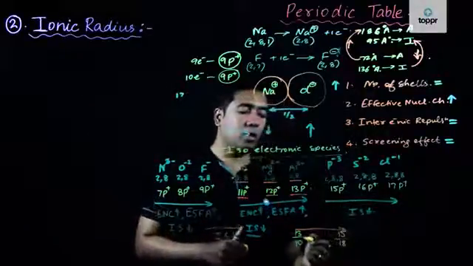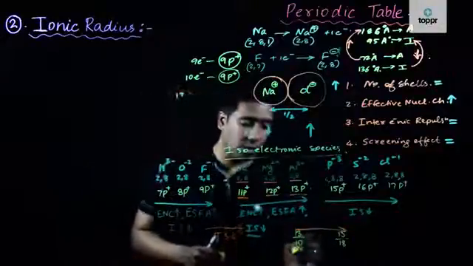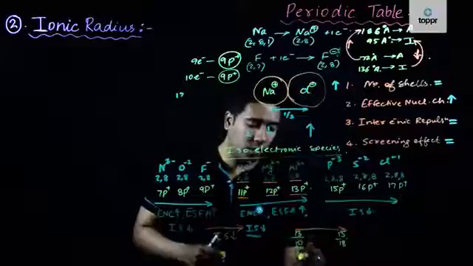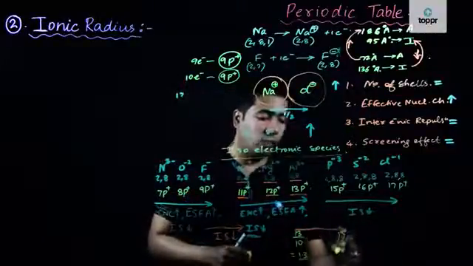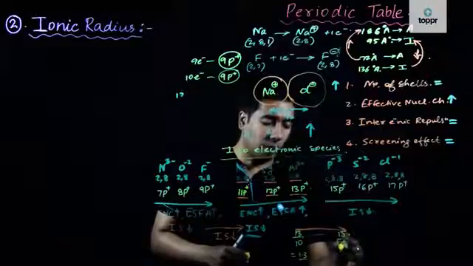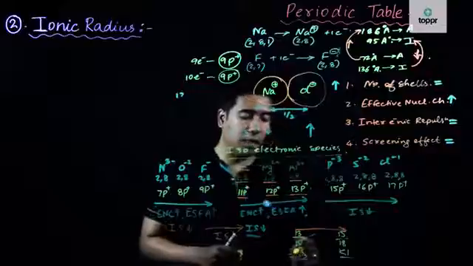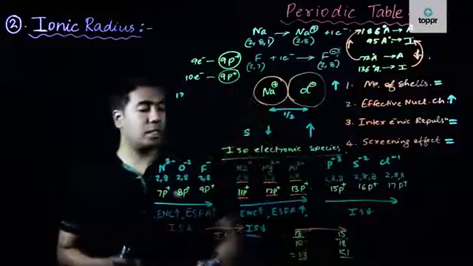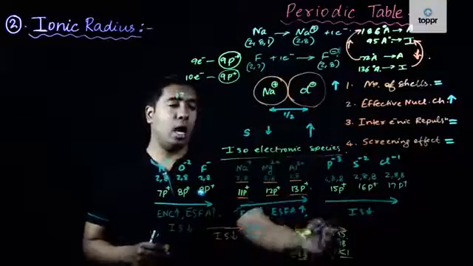So if we want to calculate the effective nuclear charge, here we have the value of 1.3, which was very simple to calculate, right? But in this specific case, the value will be lesser than 1. Here it is greater than 1. As you can see, the effective nuclear charge is less in the case of phosphorus as compared to aluminum.